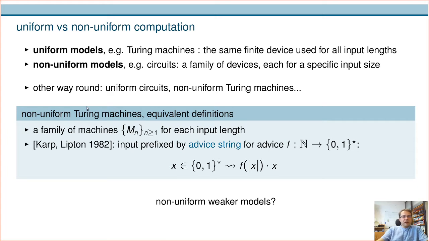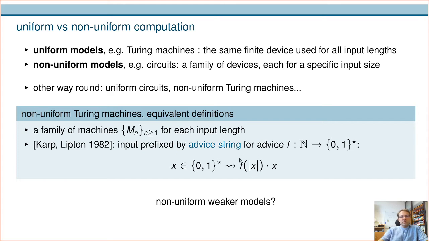The standard setting is that we have a family of Turing machines such that for each input length we use a different machine from this family. And since Turing machines are powerful enough to possess the universal Turing machine, Karp and Lipton noted in '82 that this definition is equivalent to a definition where the input is prefixed by a string called advice, which is an arbitrary function that depends only on the length of the input.